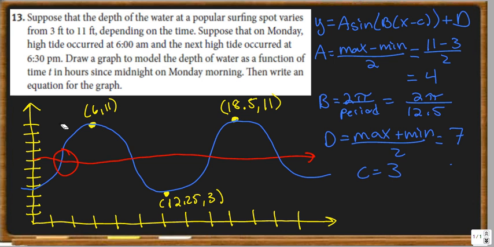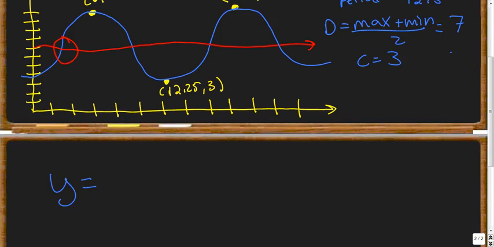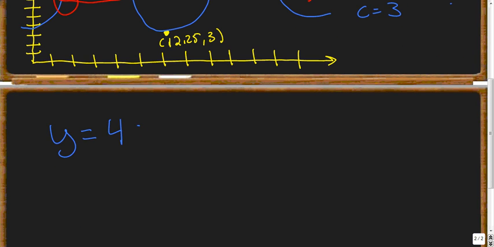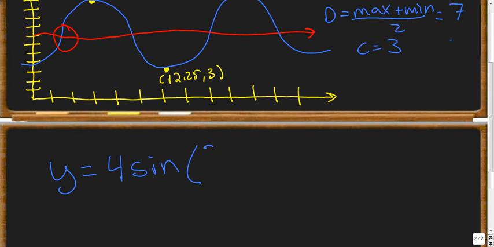So we're going to go over to the next slide, and we should get y equals, if we go back, A is going to be 4, so we get 4 sine. Our B is 2 pi over 12.5. That looks weird, but sometimes you're going to get some weird numbers here.